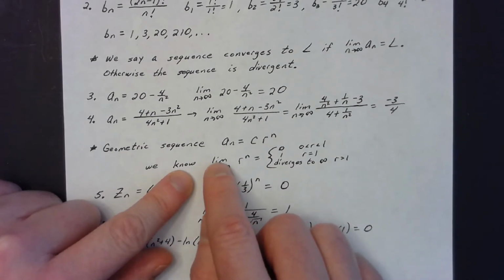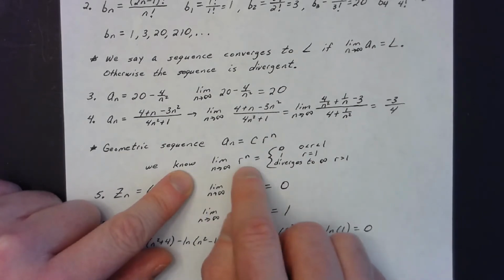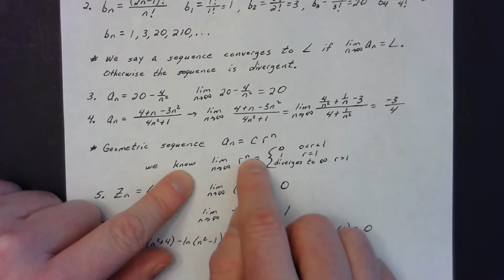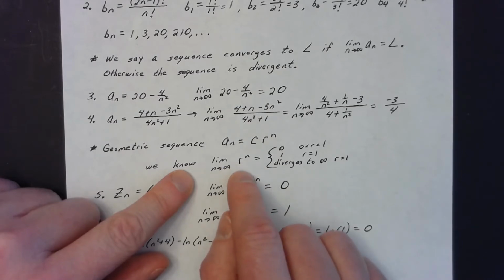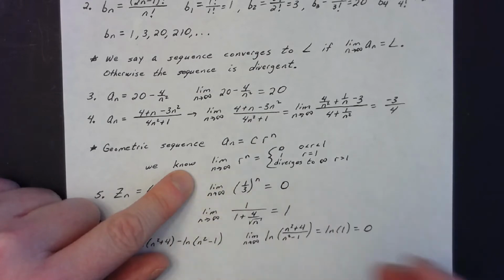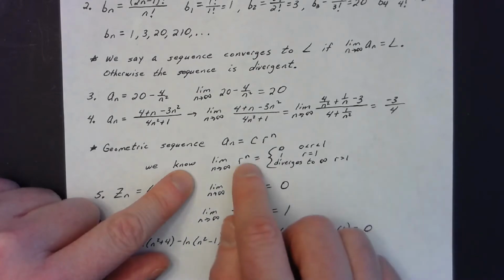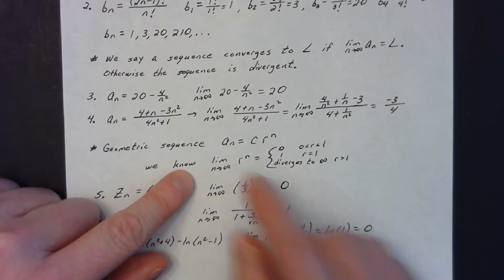If you look at the limit as n approaches infinity of any base r to the n power, and we know n is going off to infinity, well, the determining factor is whatever r is. And think about that. If r is some decimal value between 0 and 1, let's say even if it's 0.9, 0.9 to the infinite power becomes 0, because anytime you have a decimal less than 1 raised to a power greater and greater and greater, that decimal gets smaller and smaller and smaller.